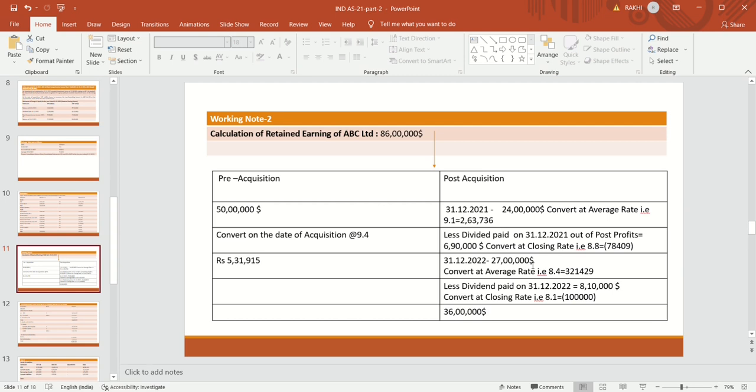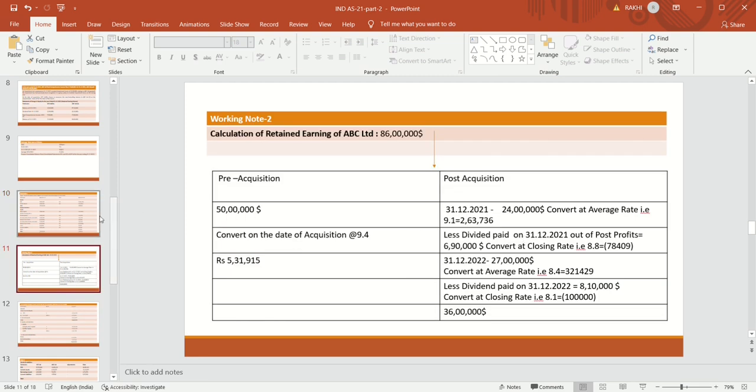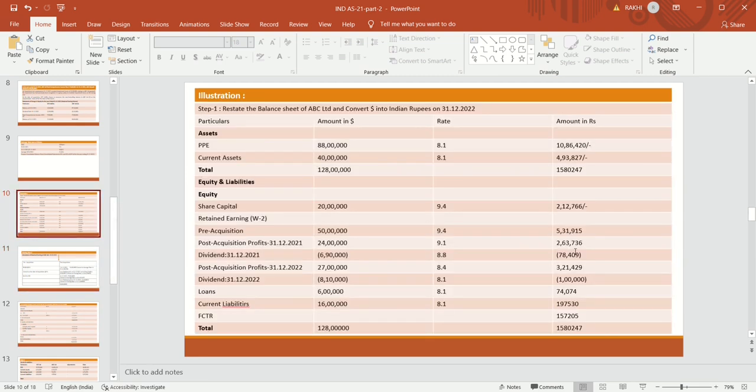Then we will get the post acquisition details here, like in balance sheet. The post acquisition 31st, that is 24 lakhs, is to be converted at 9.1 to get 2,63,736.